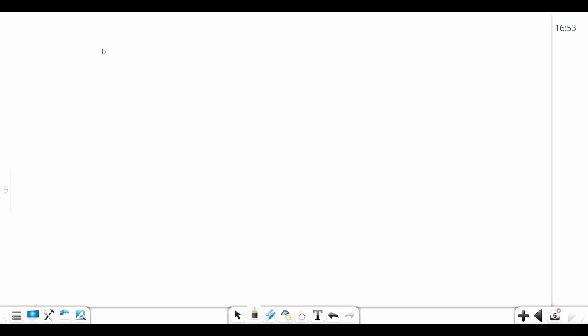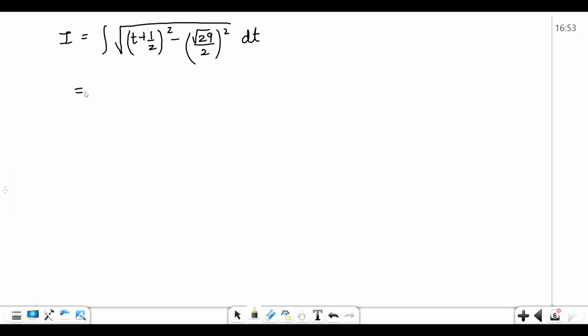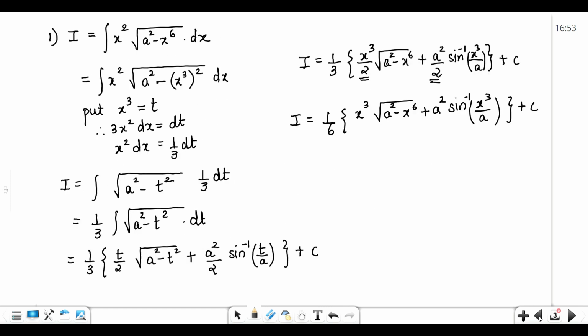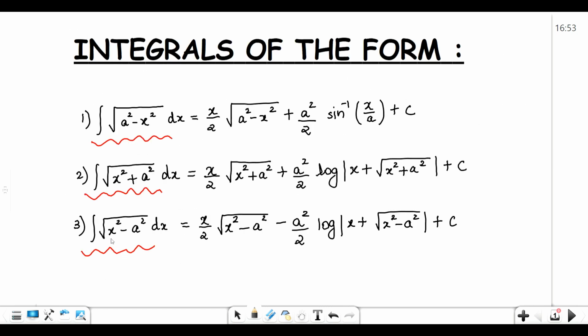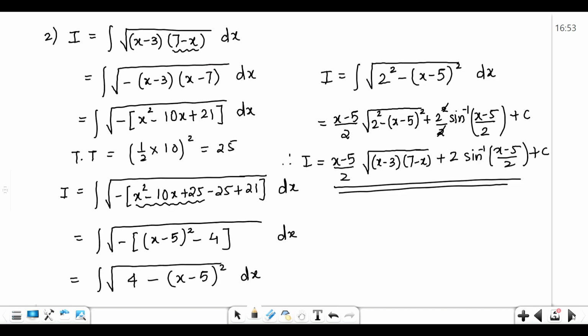Okay, now we will write this in the form of a square term, both of this, that is t plus 1 by 2 the whole square, then minus root of 29 upon 2 the whole square dt. Now it looks like square root of x square minus a square. Okay, so we'll apply the same formula here, which is based on this one. I can show you the formula, which one, third one. Okay, it is based on this, so we'll apply the same formula.